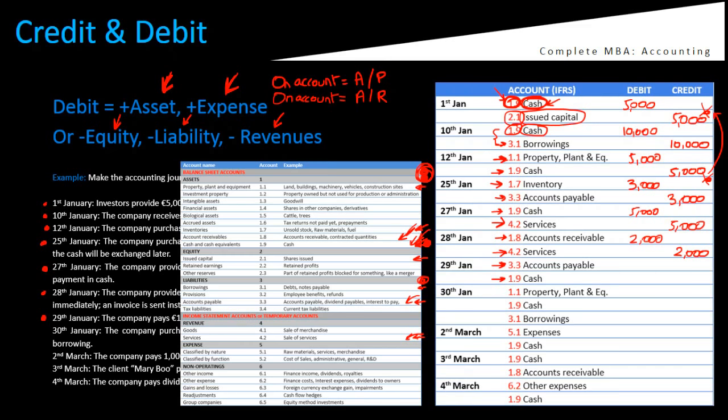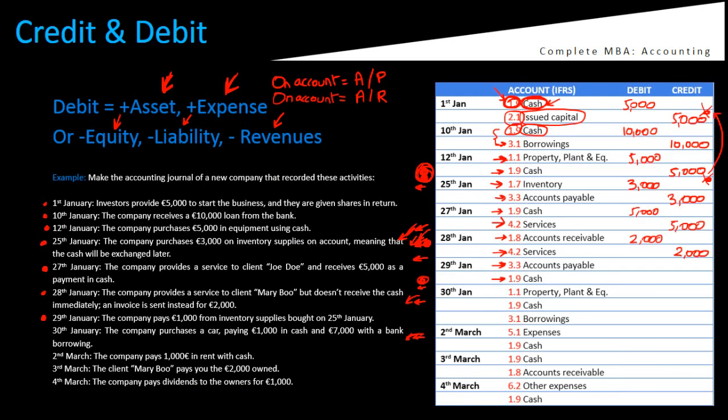Now let's see which one is the debit. So where is the increase in an asset? If you check, there is no increase of an asset. We're decreasing the cash and we're decreasing the accounts payable. So there is no increase of an asset. Is there any increase of an expense? No, neither. So we go to the next line and we check in the equation. Is there a decrease in equity?